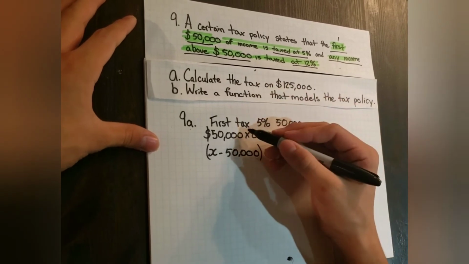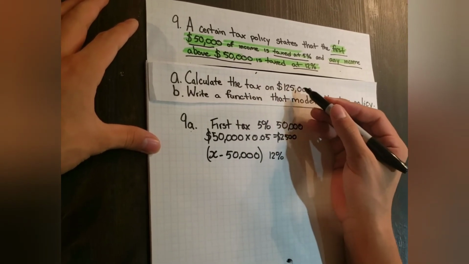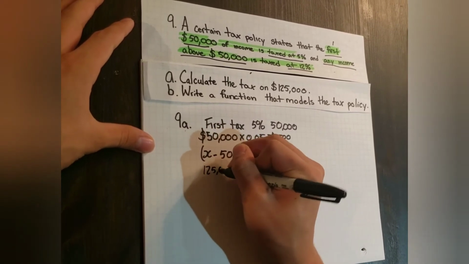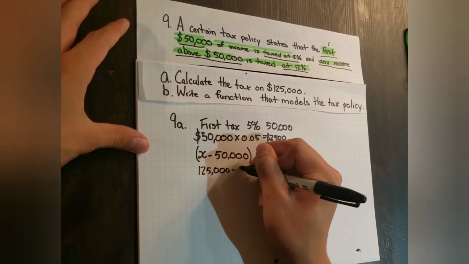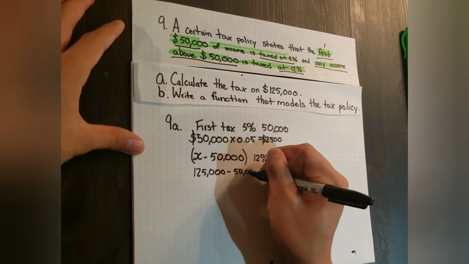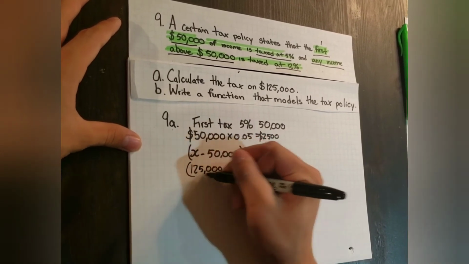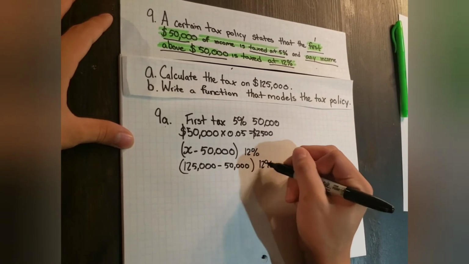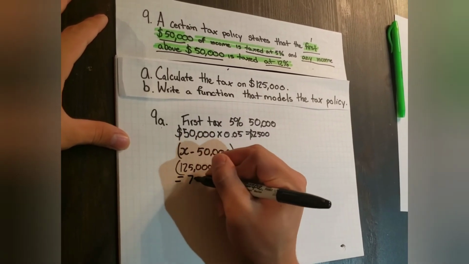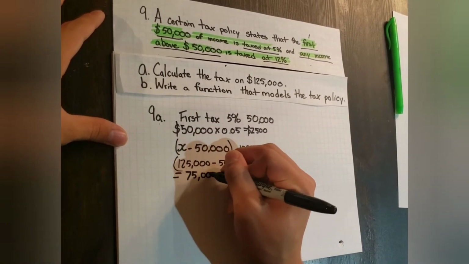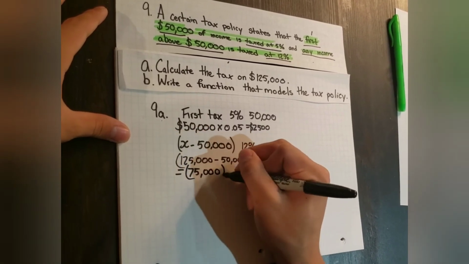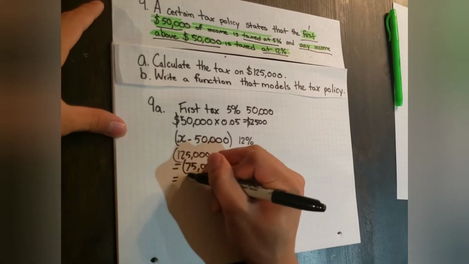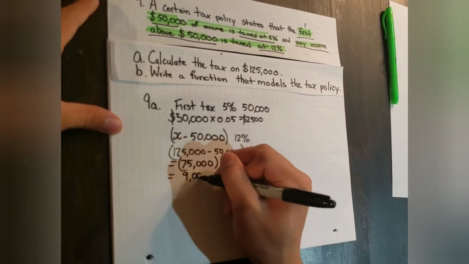So we're going to do $125,000 minus $50,000 times 12%. This equals $75,000 multiplied by 12%, which is $9,000.